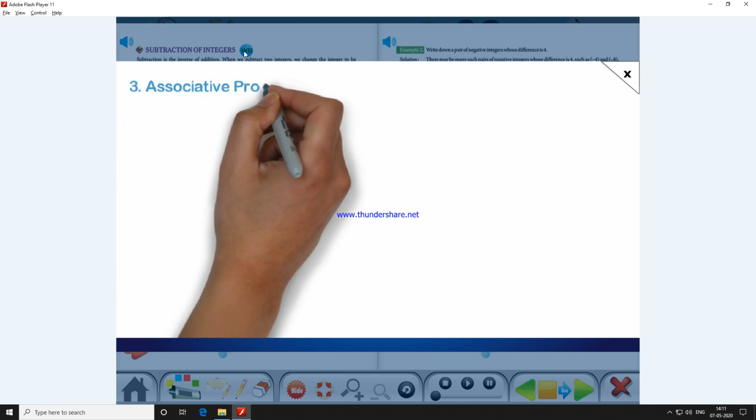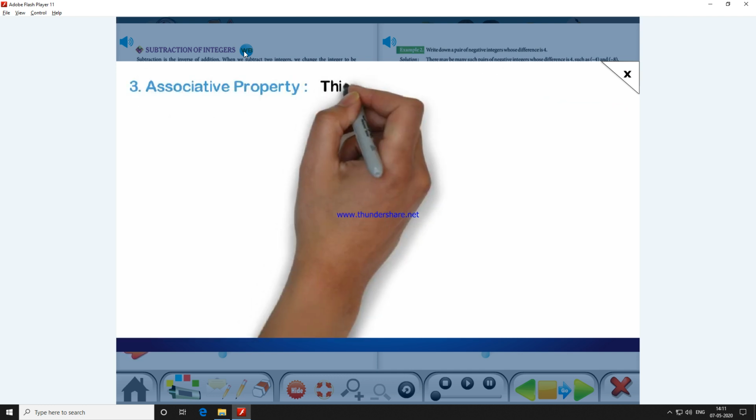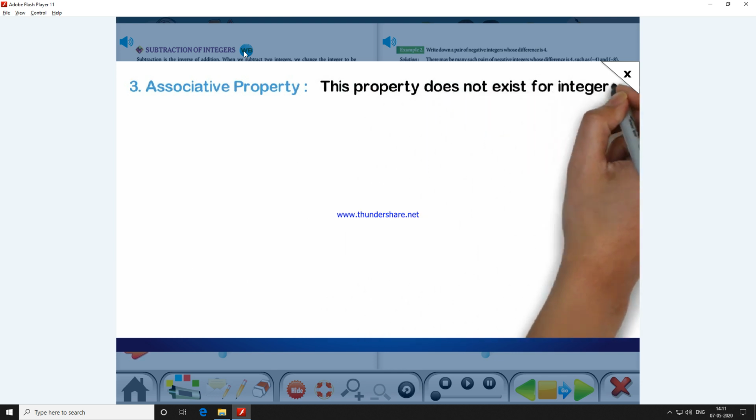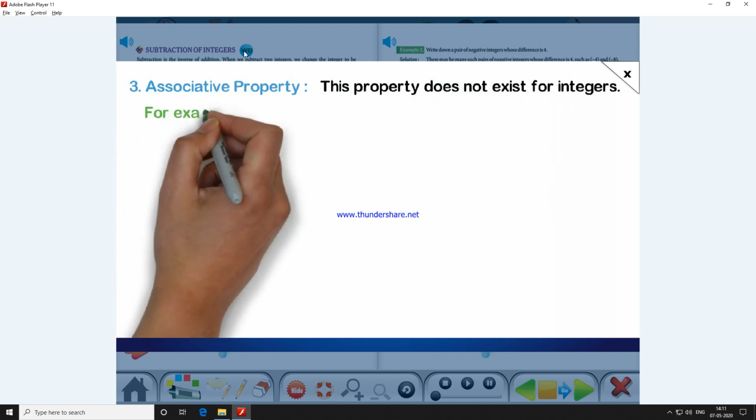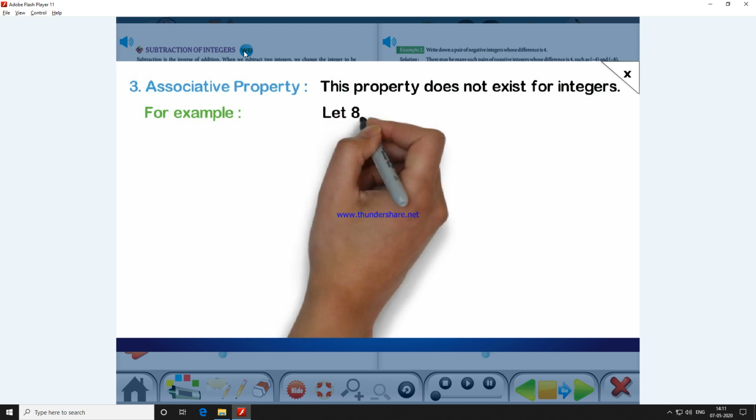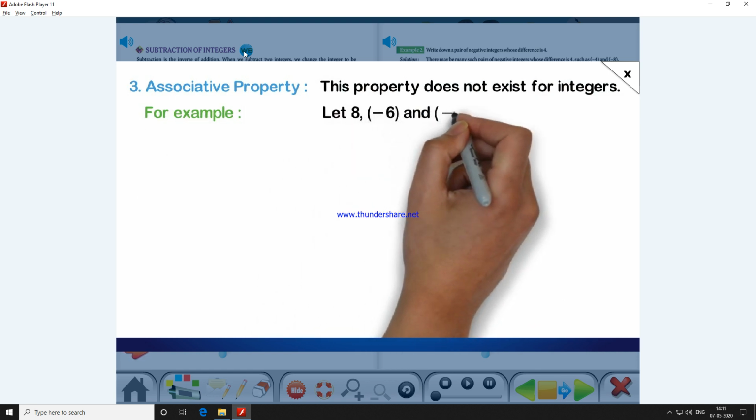3. Associative property. This property does not exist for integers. For example, let 8, minus 6 and minus 12 be three integers.